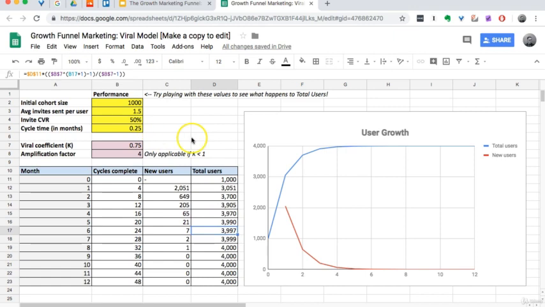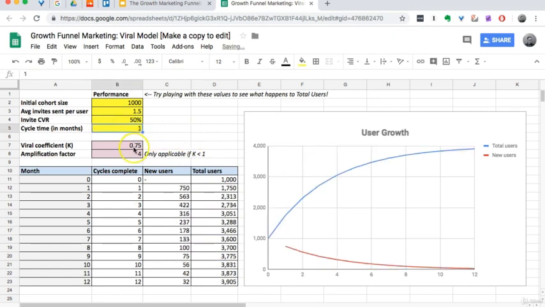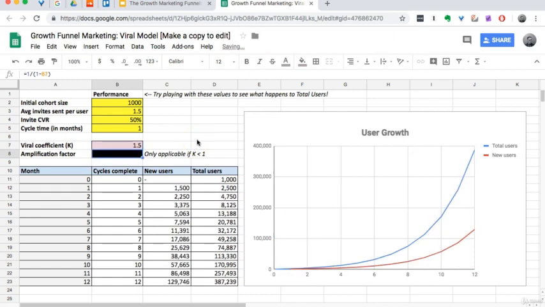If we go back to a cycle time of 1 month and we happen to have a viral coefficient of, say, 1.5, that's a viral level, then what happens if we change our cycle time? So you'll notice that we have 12 cycles complete by month 12, and we have 400,000 users here.